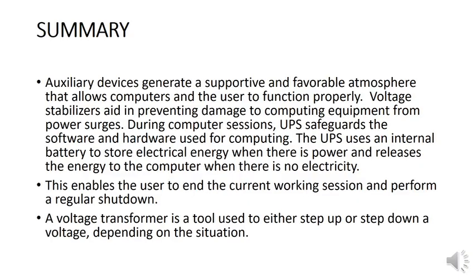A voltage stabilizer aids in preventing damage to your computing equipment from power surges. So in case of thunder or bad supply of electricity, this voltage stabilizer will help prevent damage to your system. A UPS too will safeguard your software and hardware used for computing.